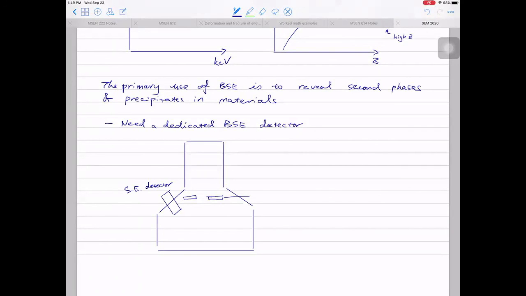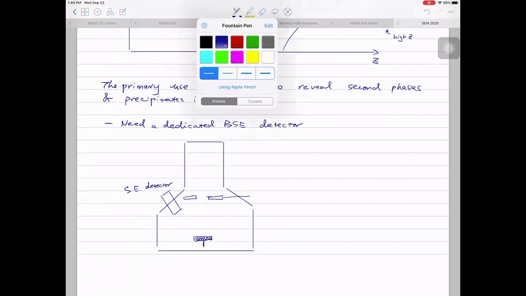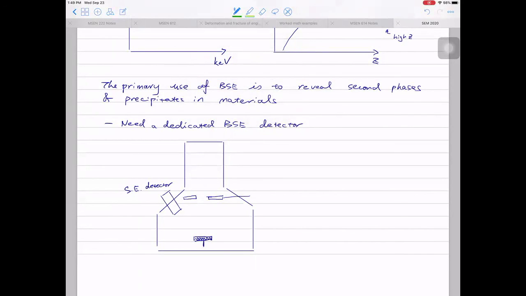We have the sample here. So that's the specimen. We have the electron beam coming there from the source, hitting the specimen. Then the secondary electrons fly in all different directions, but the bias on the grid will attract the secondary electrons.